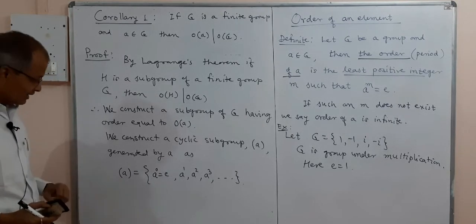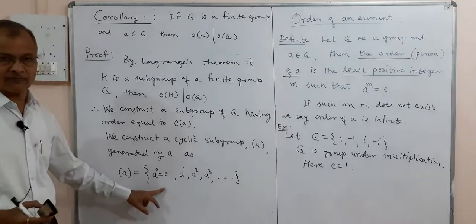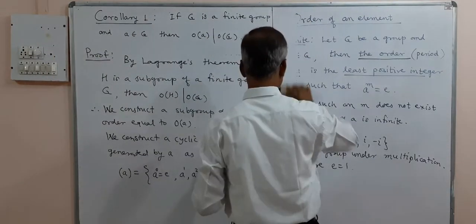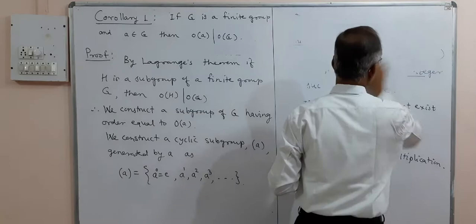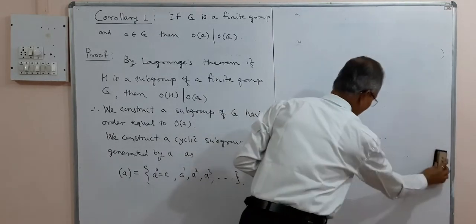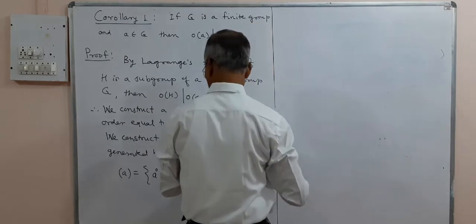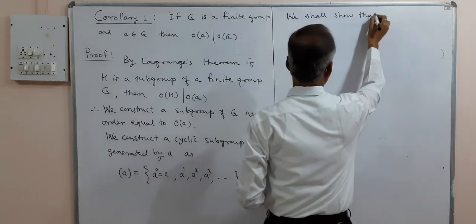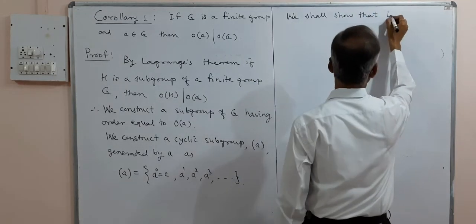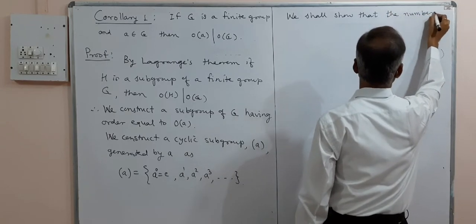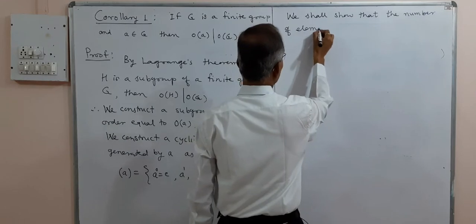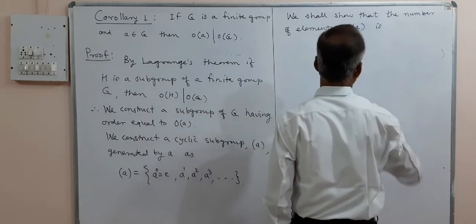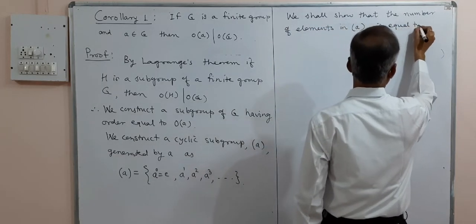Now we shall show that the number of elements in this cyclic subgroup is equal to the order of a, because G is a finite group.